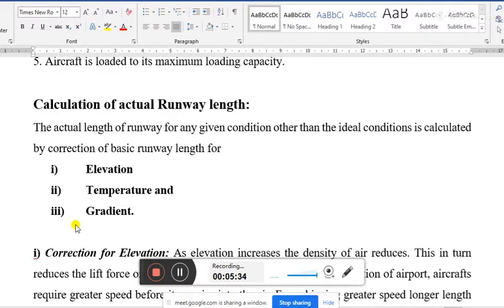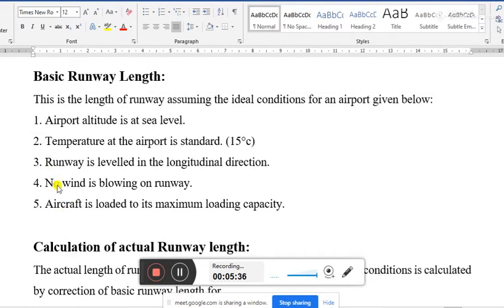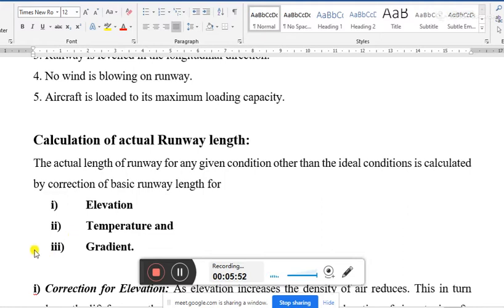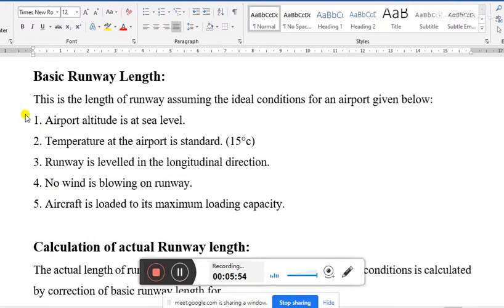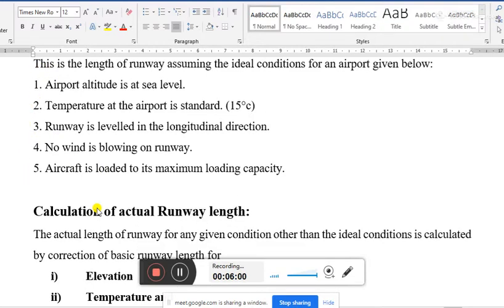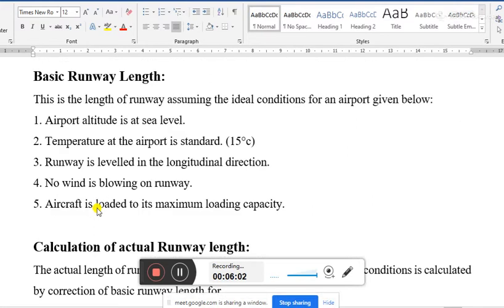Next, the gradient correction, as the runway cannot be leveled in most cases. In most cases, there must be at least a slight slope. That's why gradient correction is required. That means the first three ideal conditions are the most important conditions for which we have to make the correction.